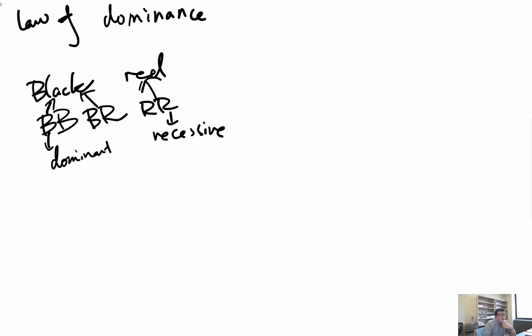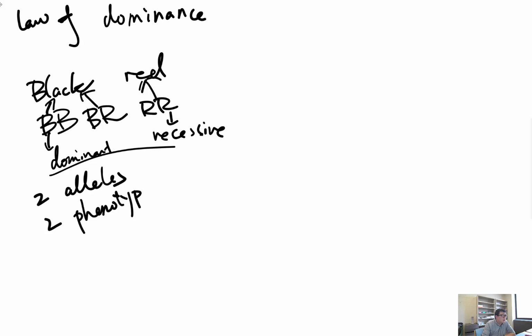In how many cases do genes really follow exactly this law? The truth is very few, because there's a large limitation of this law. Firstly, there are only two alleles, and then only two phenotypes, and one gene fully determines these phenotypes, not even the environment.